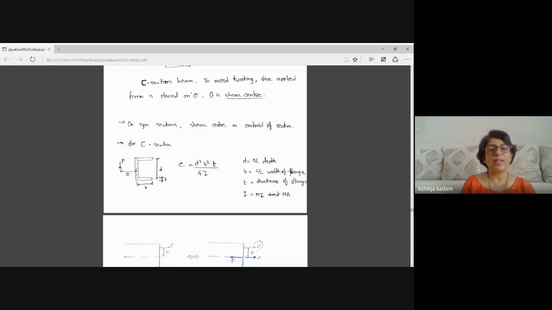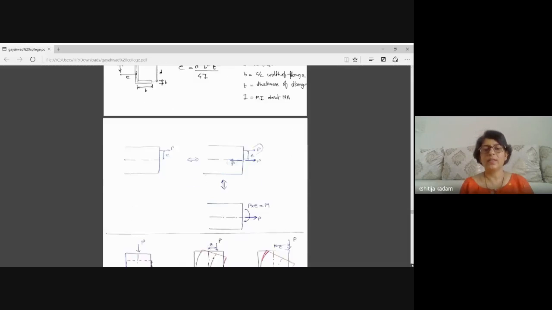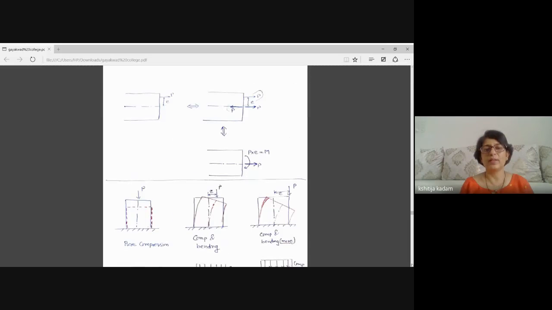The force P has to be applied at the shear center, and the eccentricity of the shear center will be calculated by this formula, where small d is the center to center depth, b is the center to center width of the flange, t is the thickness of the flange, and I is, as usual, the moment of inertia of the given section about the neutral axis. Right? Let us move to some other concept.